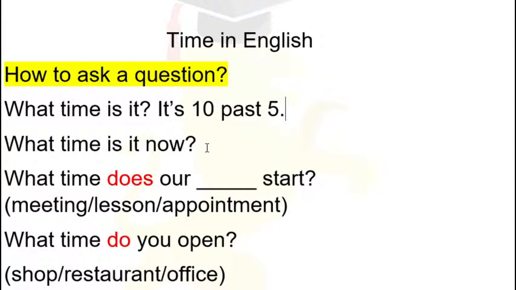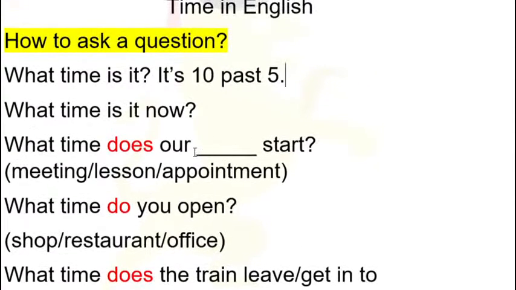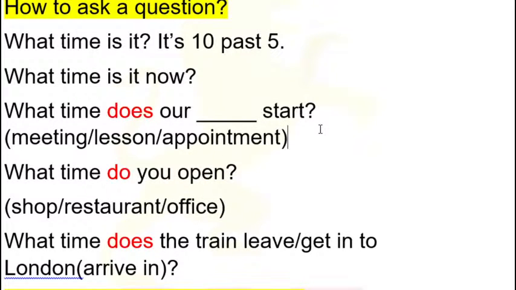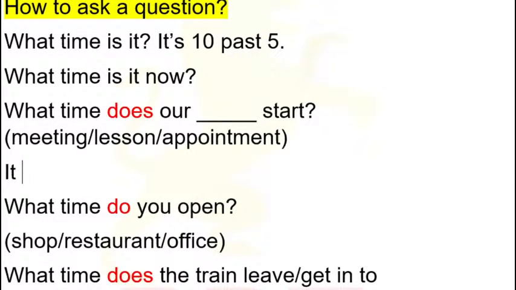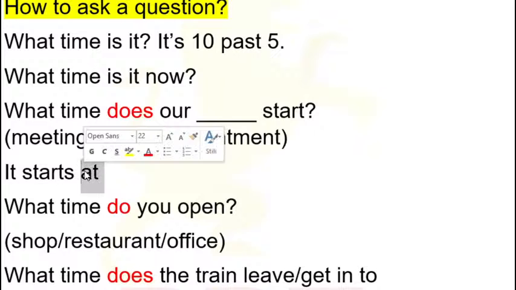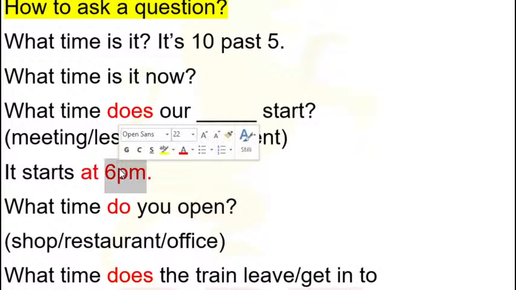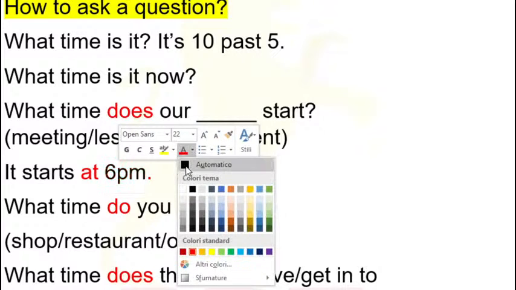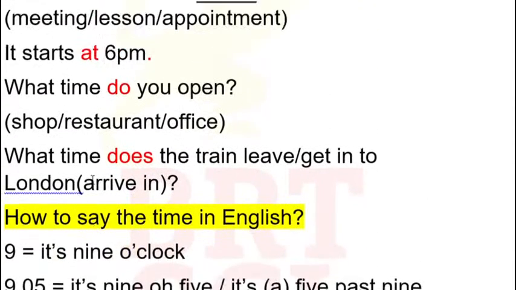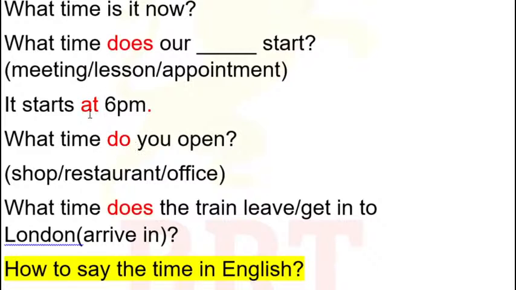You can say, what time does our meeting start? You can say it starts at, so the preposition at is extremely important, not on, but at 6 p.m. Okay, so with prepositions, with time we use at as a preposition.